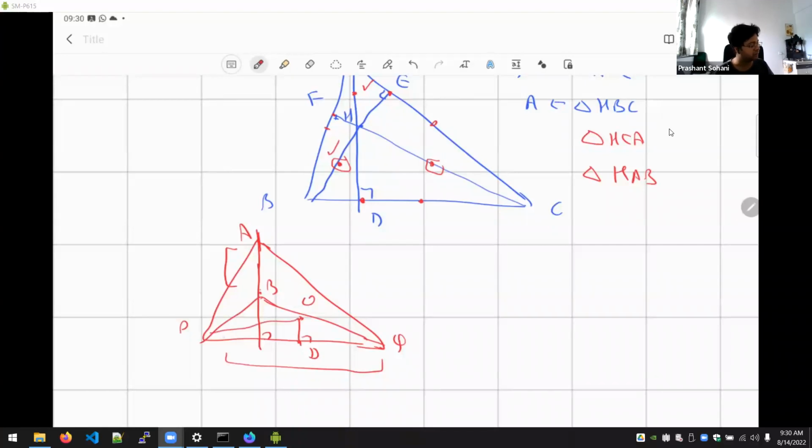So then in ODP, we all know that PD square plus OD square is equal to OP square, which is R square. So in other words, AB, PQ, and any measure of the circumradius, either the 9-point circle radius or the circumradius, form what is called a datum. Datum means that if you know any two of them, you can find the third one. Okay, so that was all the question was about.